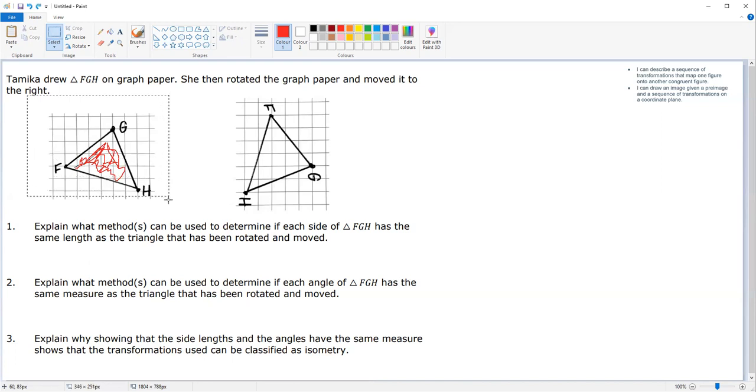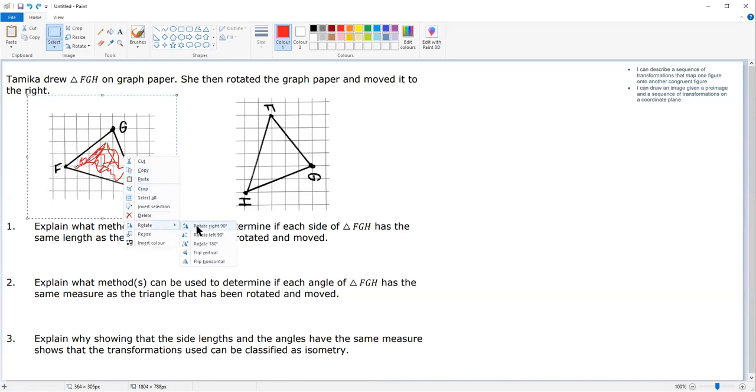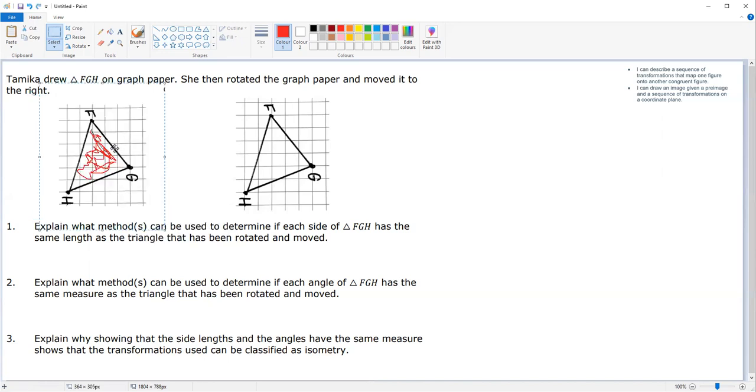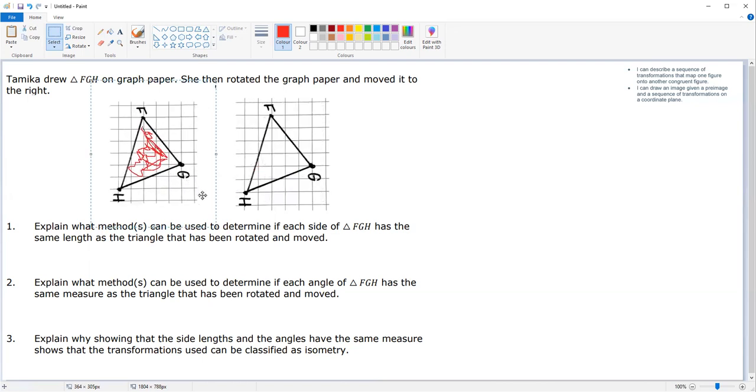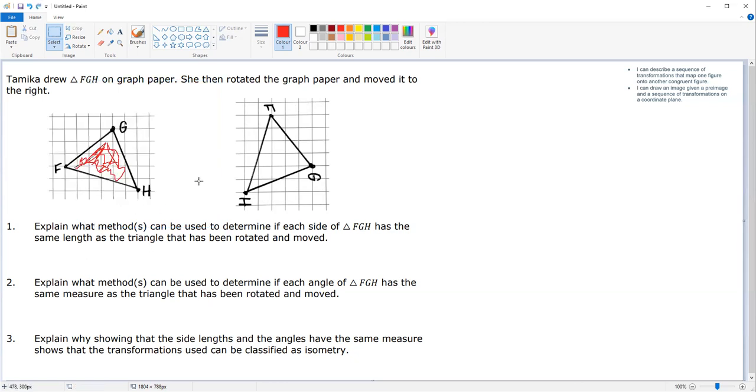She can make sure that, rotating this clockwise 90 degrees, segment FG is the same length, segment HG is the same length, and segment FH is the same length. That's what she can do, right? So how do we put that? Well, we'll just write it up here.